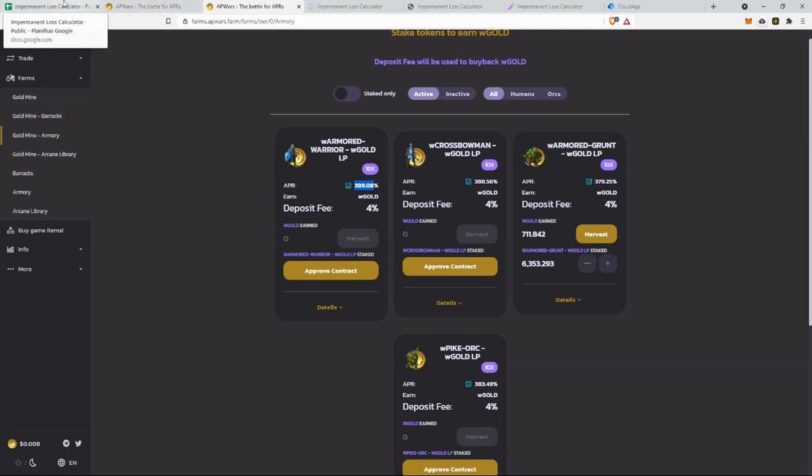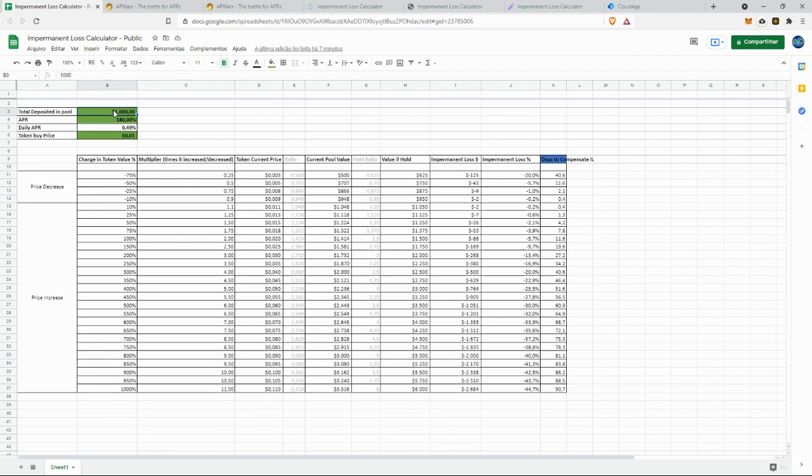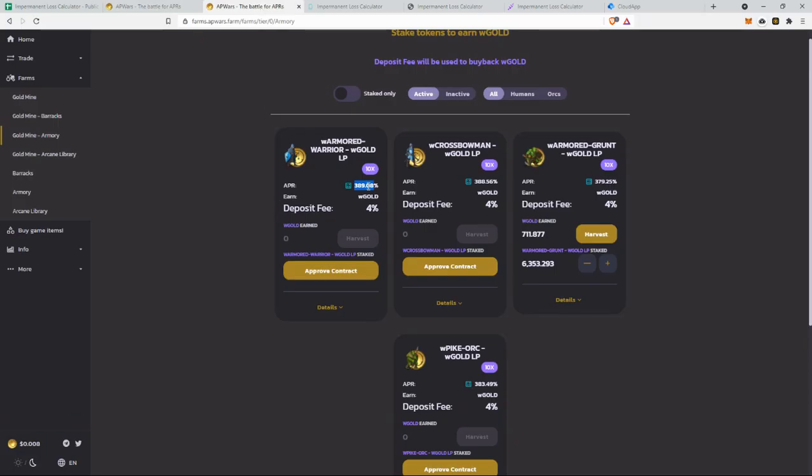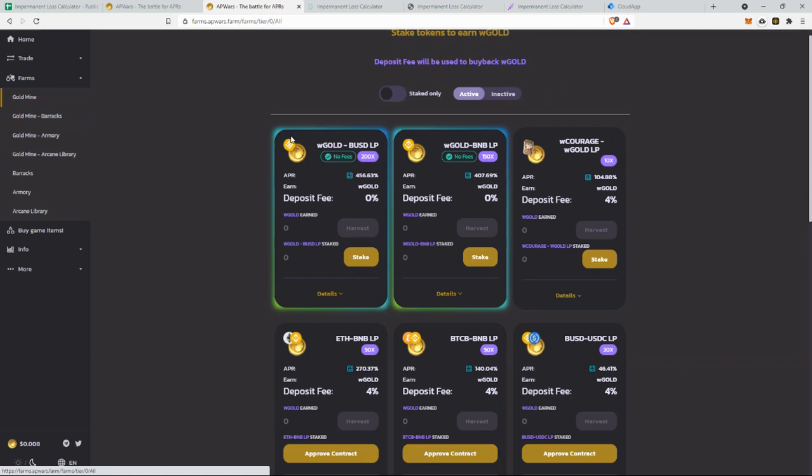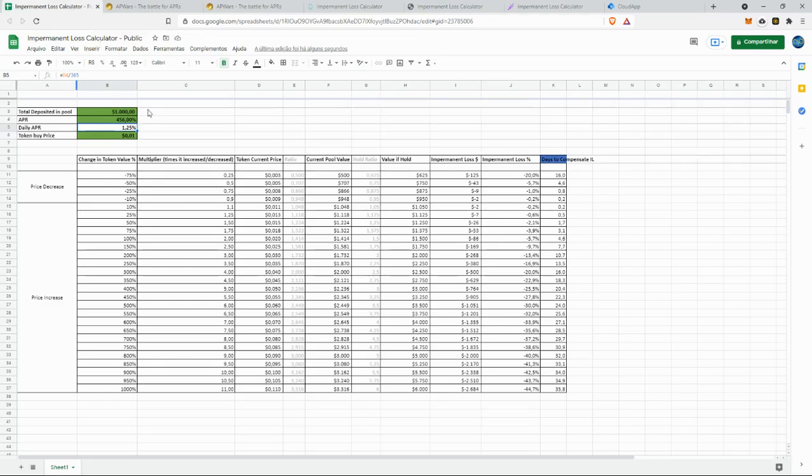So, jumping into the calculator, let's say that you want to use the same example, $1,000, and that your APR at the time being, for the initial gold mine, is 456, just like introduced here. That gives you a daily APR of 1.25%, and that you bought the token at 1 cent.